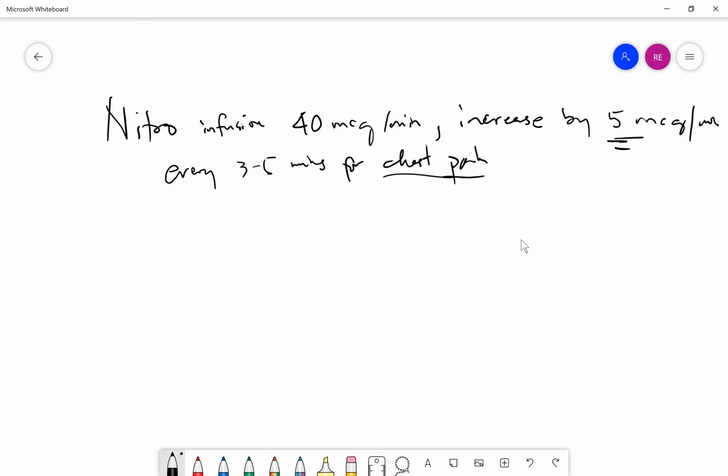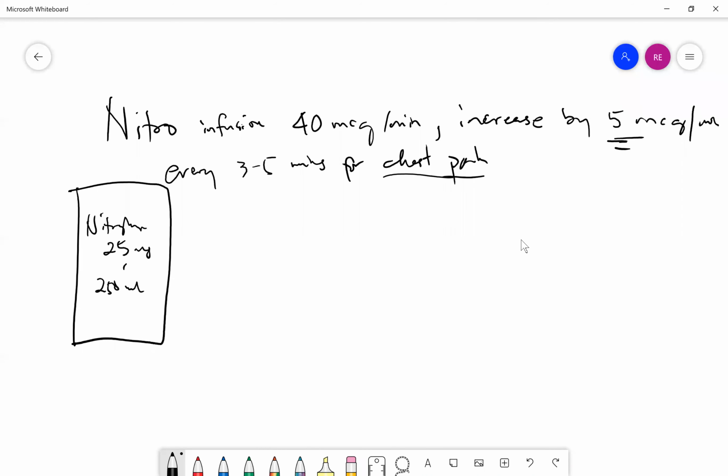So your pharmacist will send you a bag, a 250 ml bag containing, let's say, nitroglycerin 25 milligrams in 250 ml. So how do you solve this?